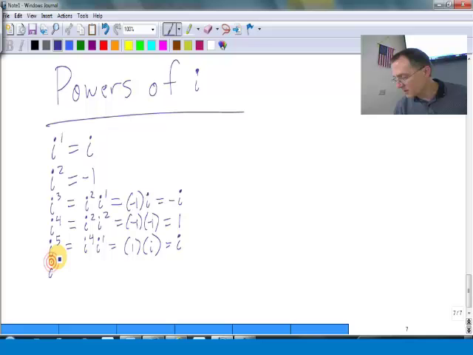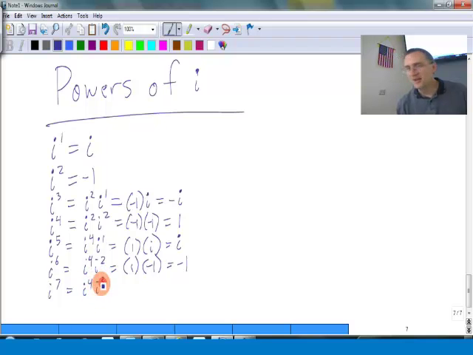How about i to the 6th power? i to the 4th times i squared, 1 times negative 1. We get negative 1. i to the 7th power: i to the 4th times i cubed, 1 times negative i is negative i.